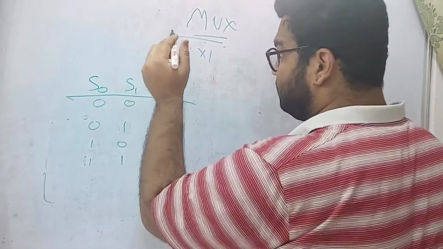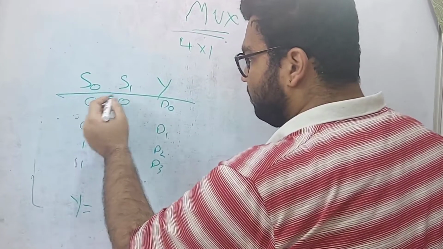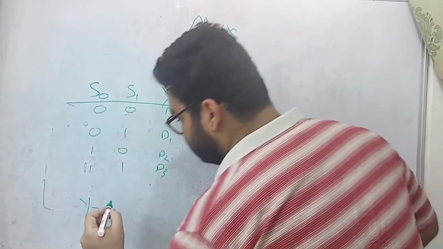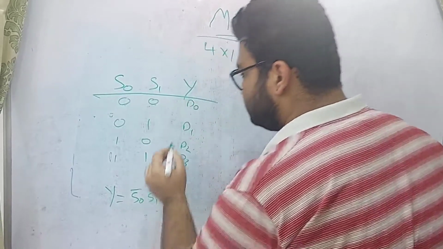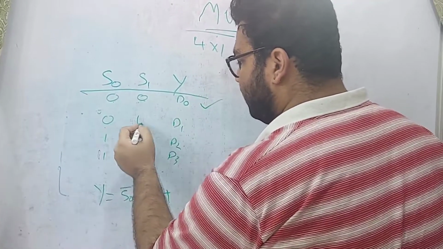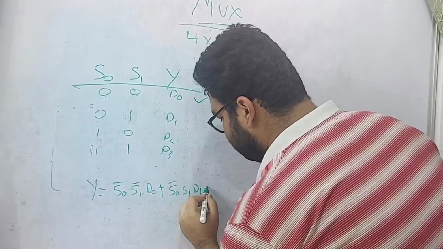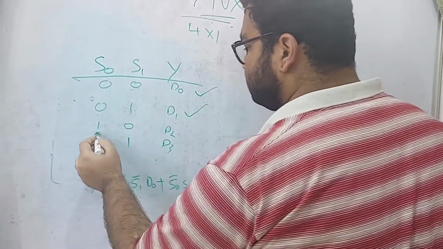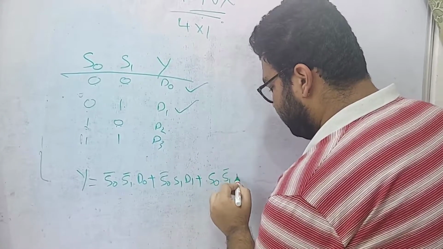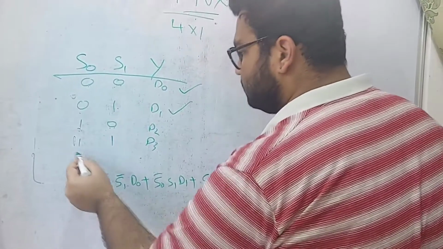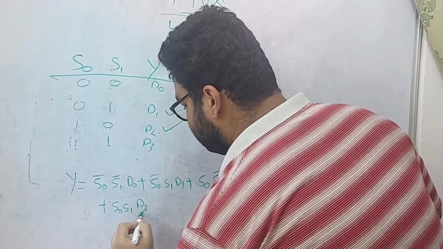So the Boolean expression for 4x1 MUX would be Y is equal to S0 bar S1 bar D0, plus, this combination is over, next S0 bar S1 D1, plus, this combination is over, this S0 S1 bar D2, plus, this combination is over, this one is S0 S1 D3.